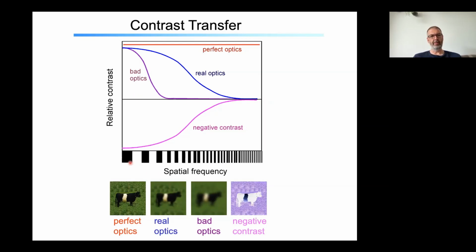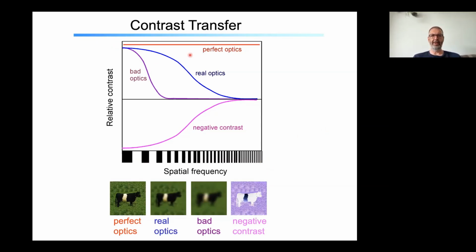At the bottom you can see this spatial frequency. You go from low spatial frequencies to high spatial frequencies, which corresponds to low resolution coarse details at this end to high resolution fine details at this end.